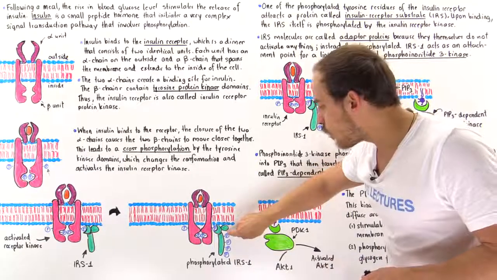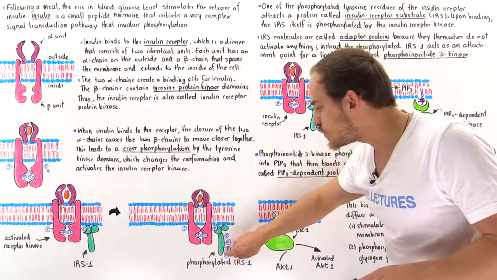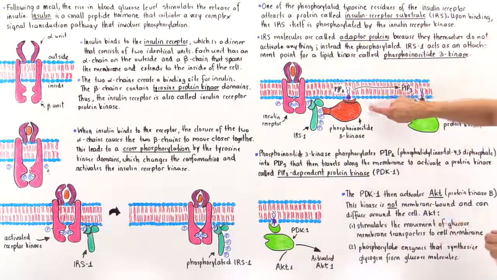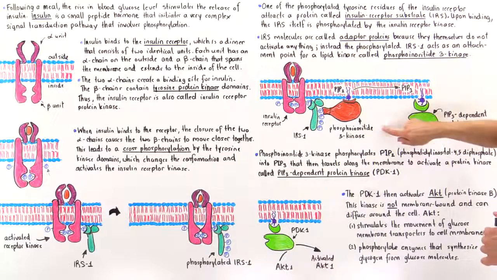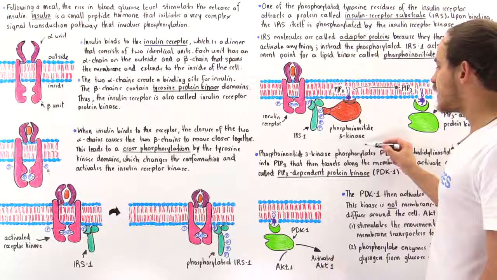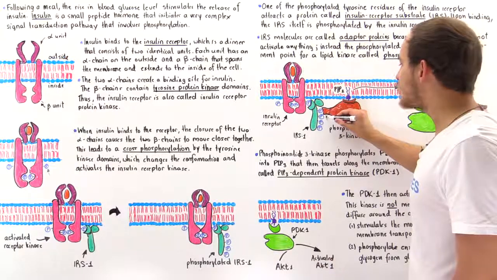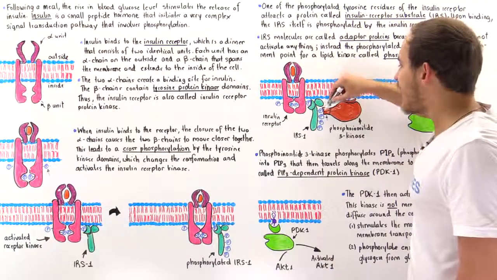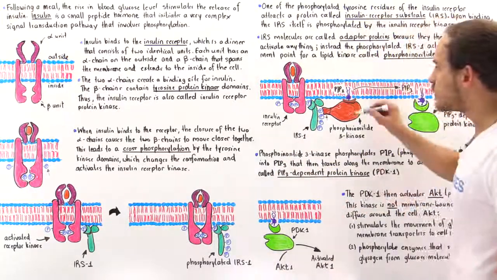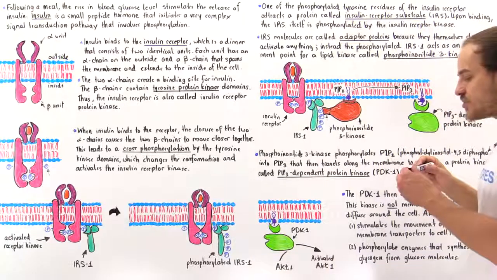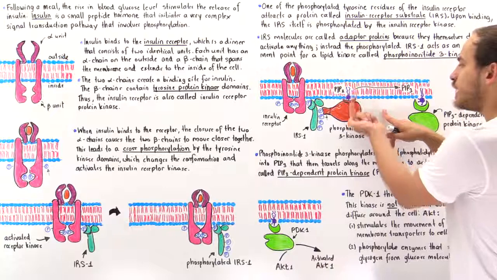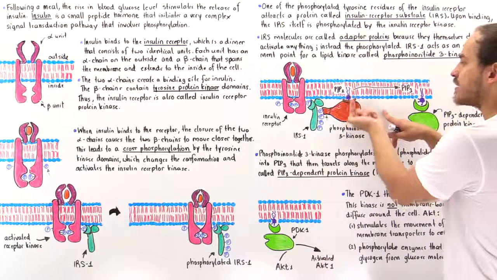So the phosphorylation of these 4 residues on this IRS molecule causes phosphoinositide 3 kinase to attach. It contains a regulatory region shown here that attaches onto the phosphorylated residue of the IRS molecule. Once this attachment takes place, the active site of this lipid kinase moves in close proximity to the membrane.